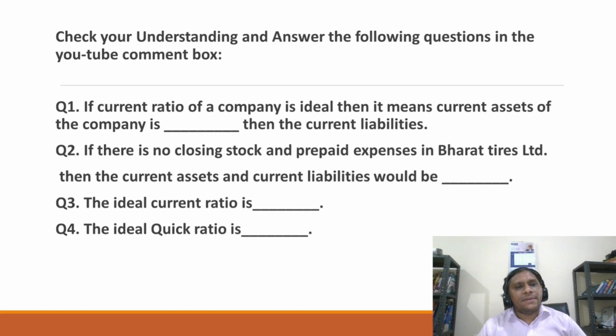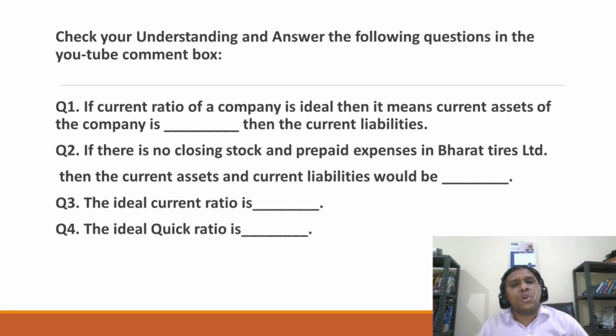Question number 1. If the current ratio of a company is ideal, then it means current assets of the company are dash the current liabilities. You have to fill that dash and send it to me in the comment box. Question number 2.